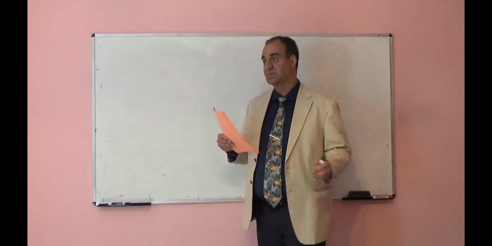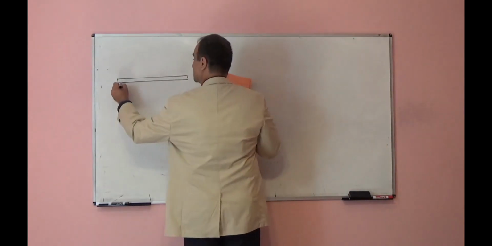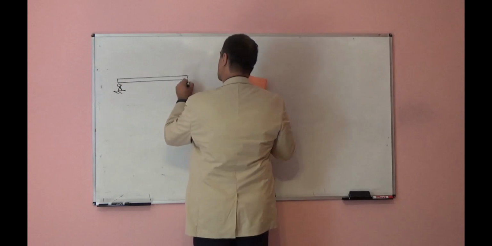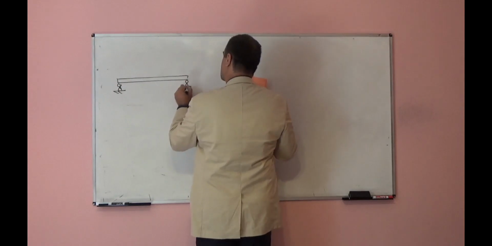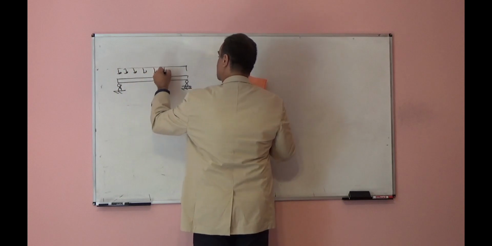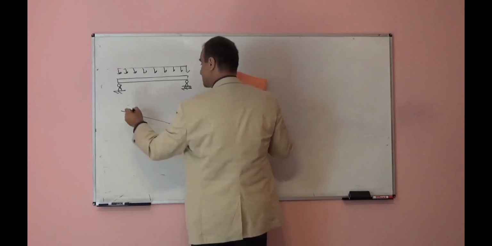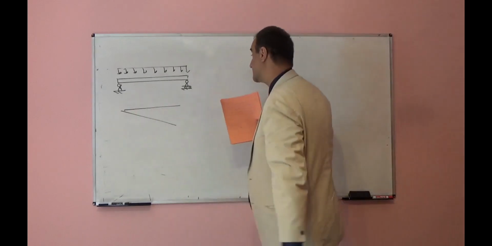If it is distributed load, assume you have a simply supported beam and you have distributed load and you draw the influence line. Part of the influence line is like this with horizontal.